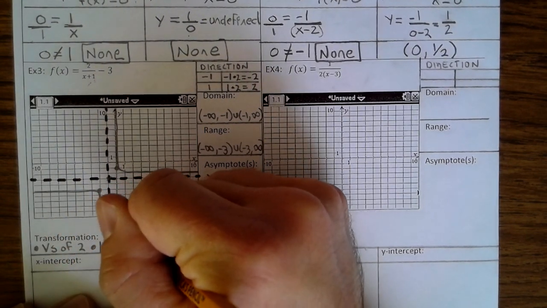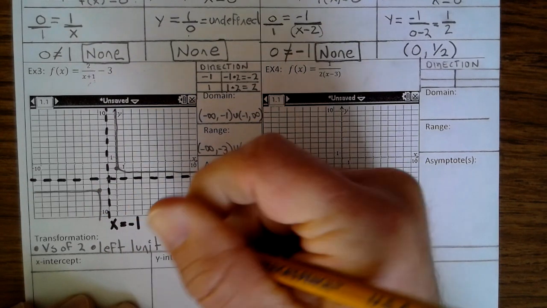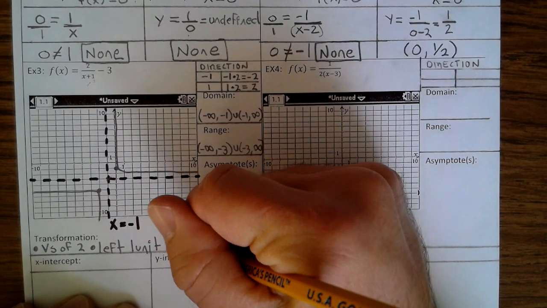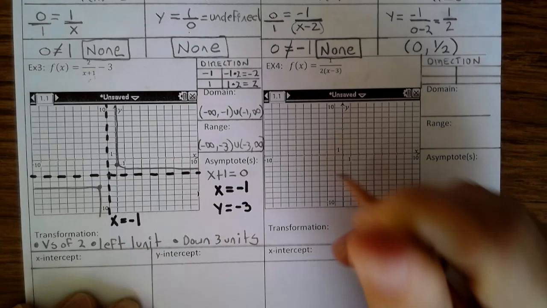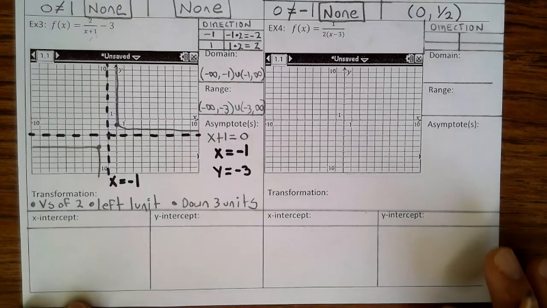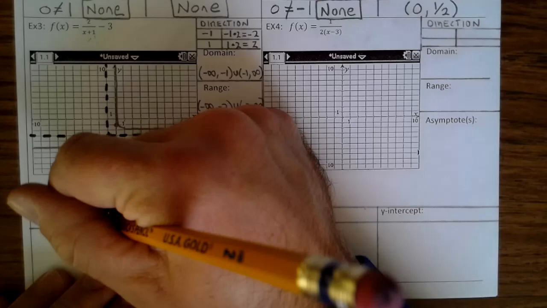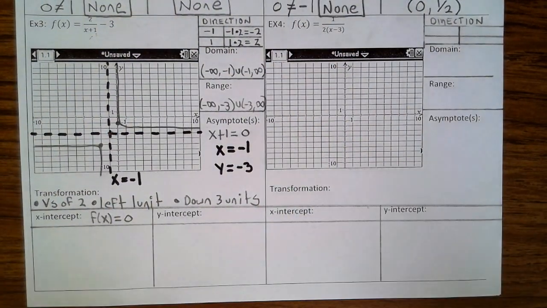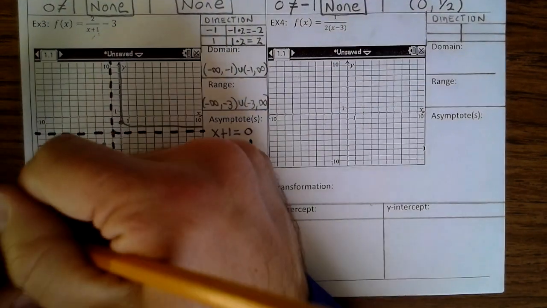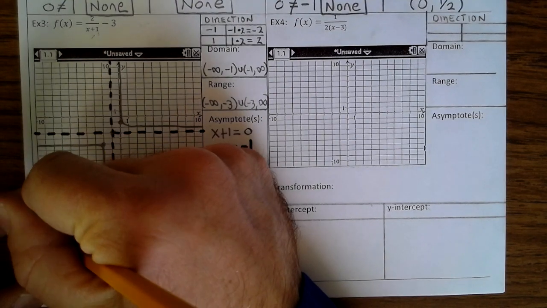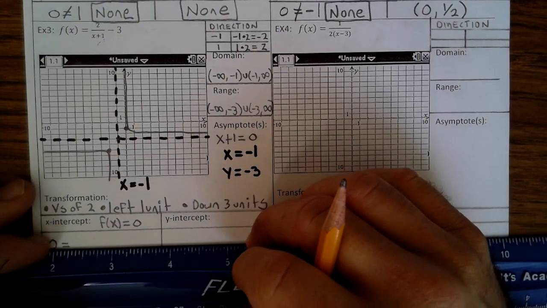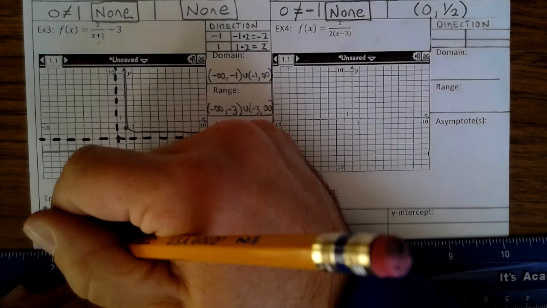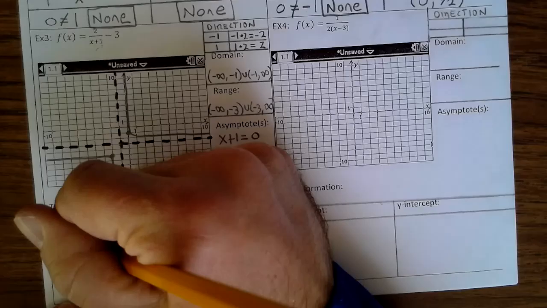Now for the x-intercept, that's when f of x equals 0. So that's 0 equals 2 divided by x plus 1 minus 3. So you're going to subtract 3 from both sides.